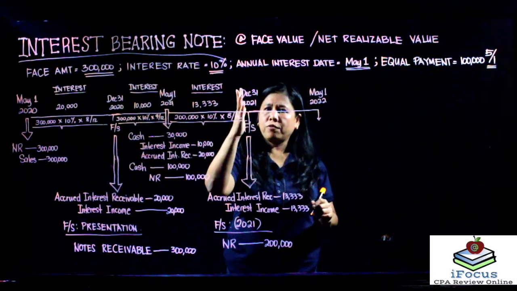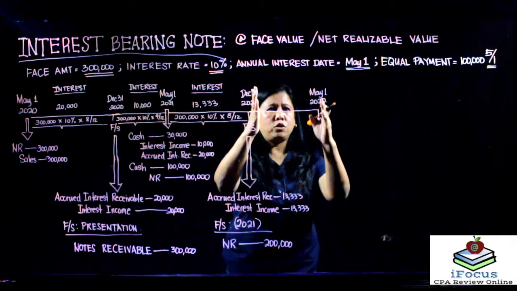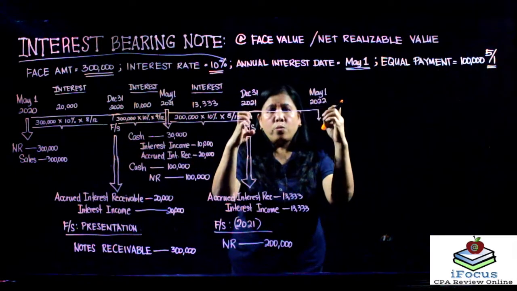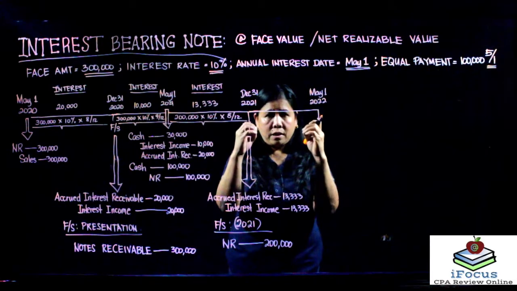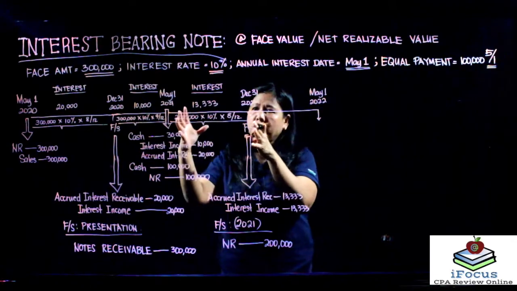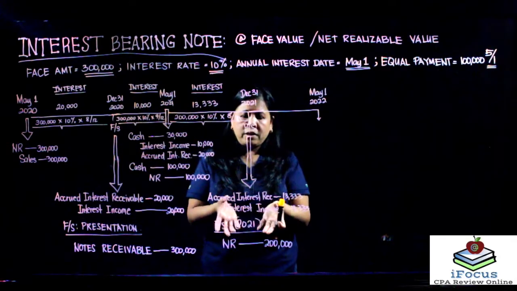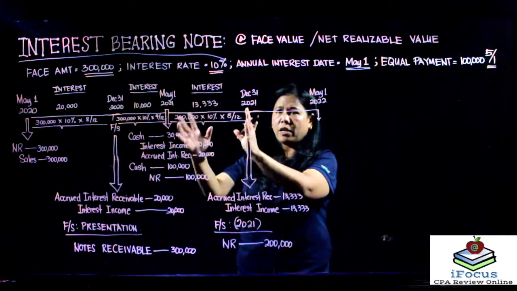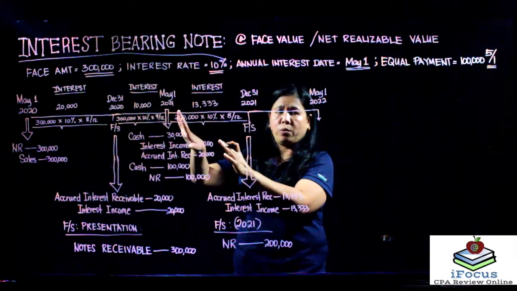From January 1st of 2022 up to May 1st of 2022, we earned interest income again for 4 months. The 8 months we already recognized on our financial statements in 2021.